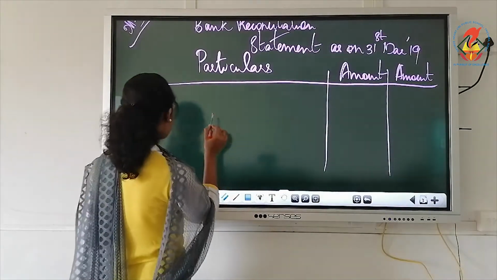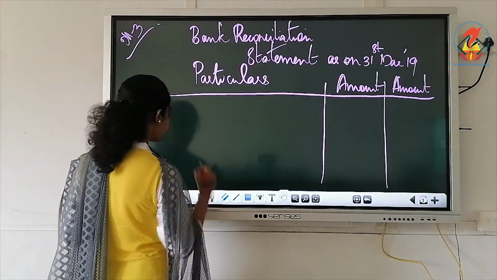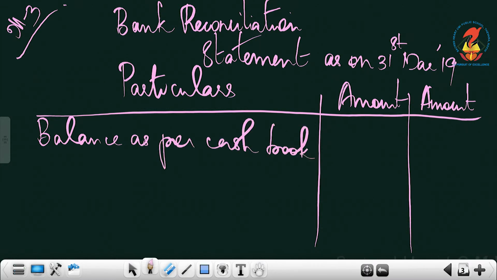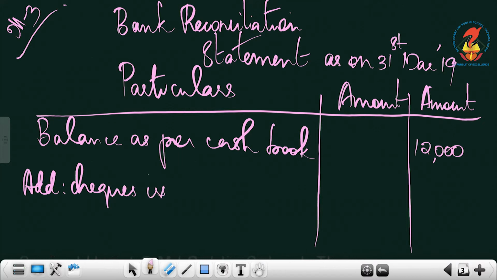So, you can write now, okay, you start the balance as per cash book and all. Balance as per cash book. The amount in the outer column, that is 12,000. Add cheques issued.